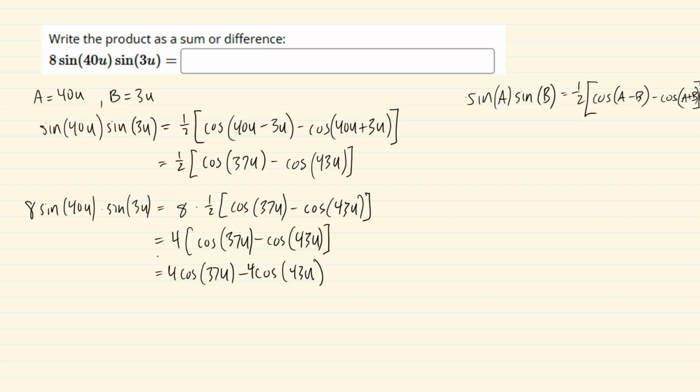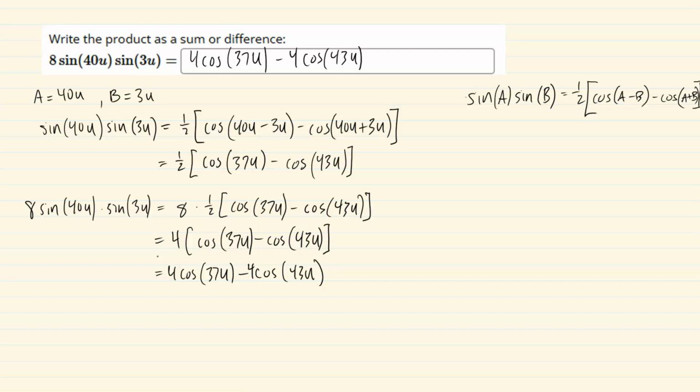The 4 goes there. All right, so that's about all we can do with this problem at this point. So I would consider that our final solution: 4 cosine of 37u minus 4 cosine of 43u.